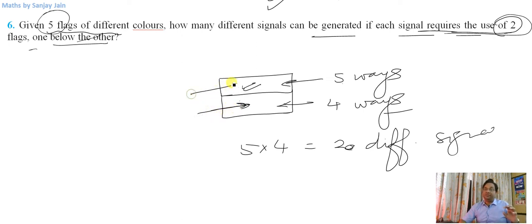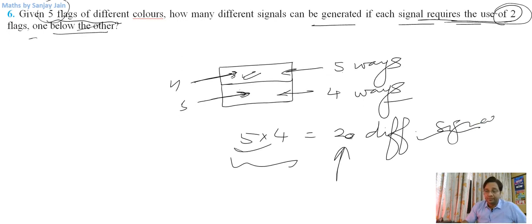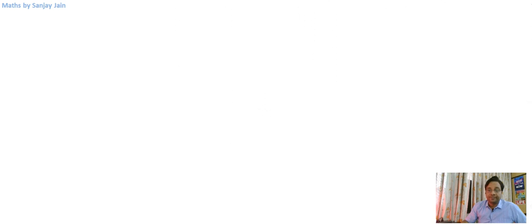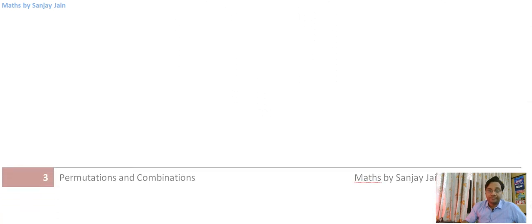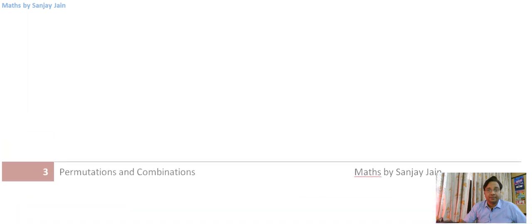Then you'll have 4 different flags to fill this place. So 5 into 4 or 4 into 5 will give you 20 different signals. Okay, and it has covered all the possible signals that can be formed. So I think this was the exercise, right? Okay, thank you.